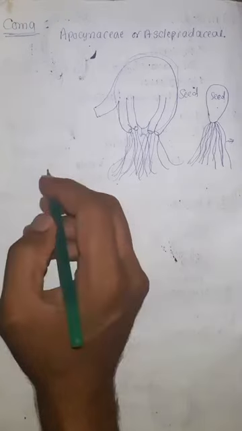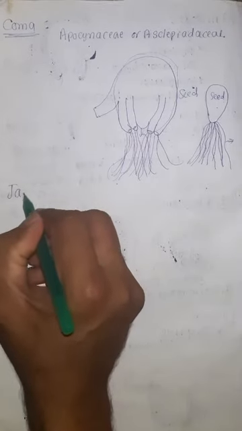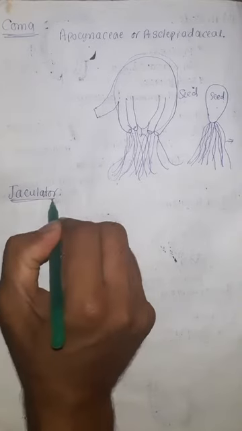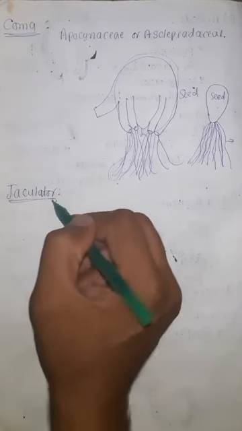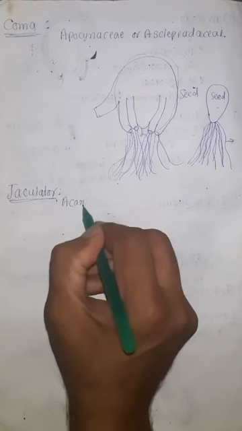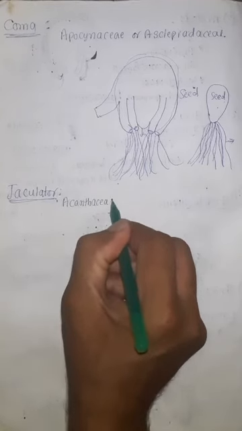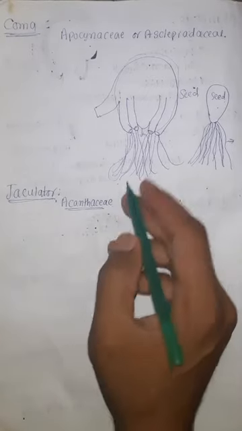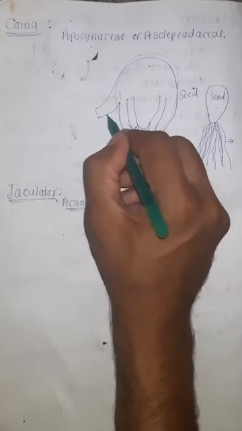Next, jaculator. What does jaculator mean? In the family Acanthaceae, some of the funicular cells, here it is the funicule, right?